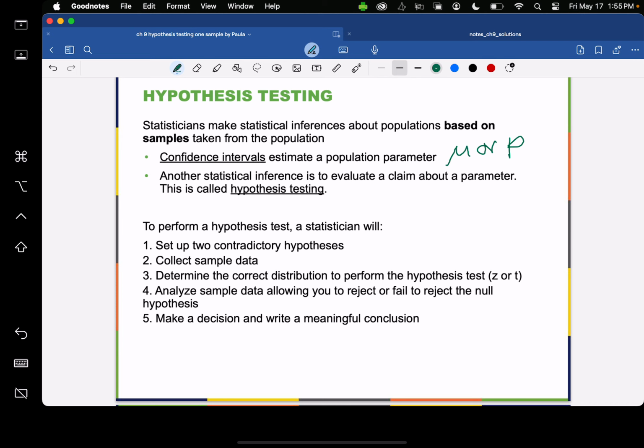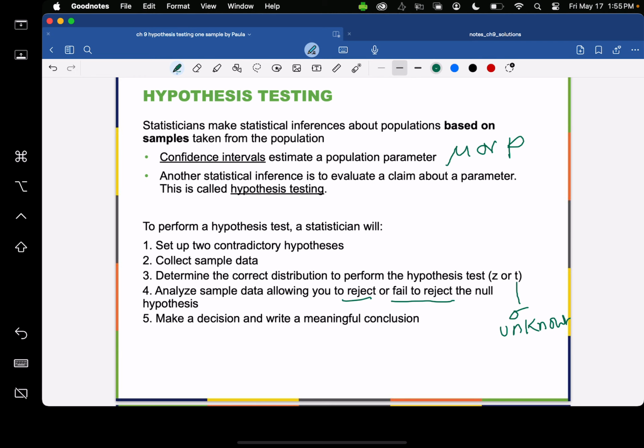So the 5 steps of our process are to set up the two hypotheses, do your sampling, decide if you're going to use the Z or T distribution, and the rules for which distribution to use are the same as they were in chapter 8. We only use T when sigma is unknown. Then analyze the sample data, and decide if you're going to reject or fail to reject the null hypothesis.